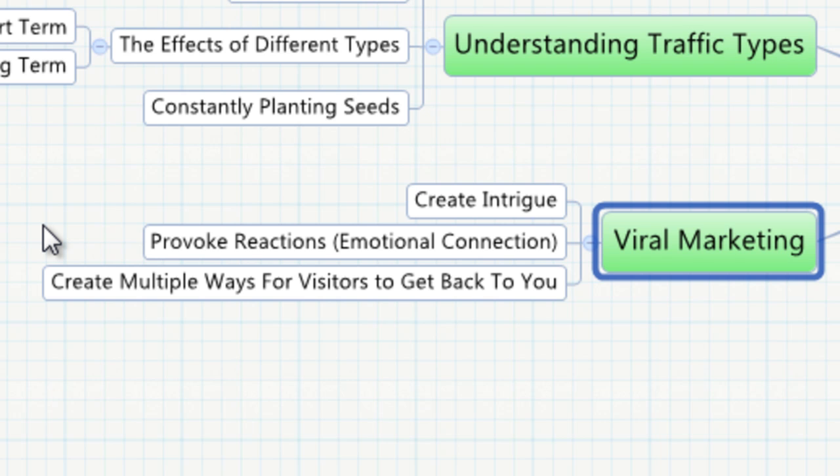For example, the internet marketer Dean Hunt has produced a couple of different videos, one of which is titled Hitler Hates Dean Hunt. And yes, before you ask, that is the Hitler, Adolf Hitler.